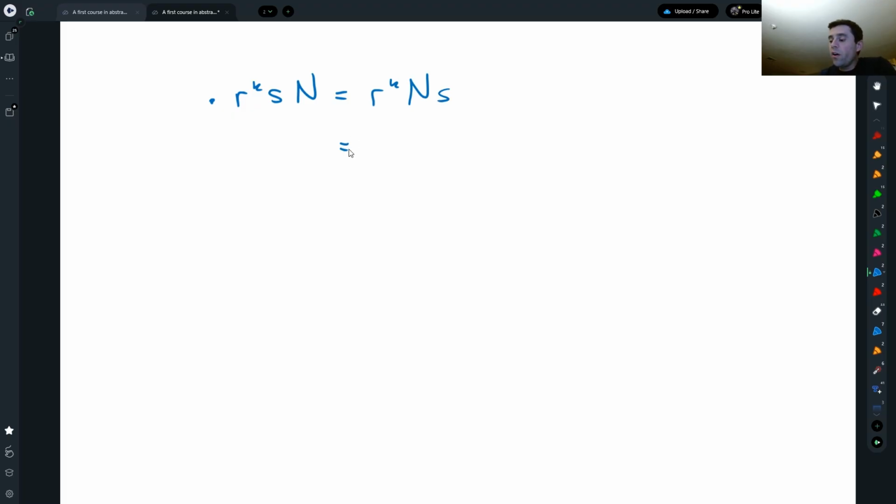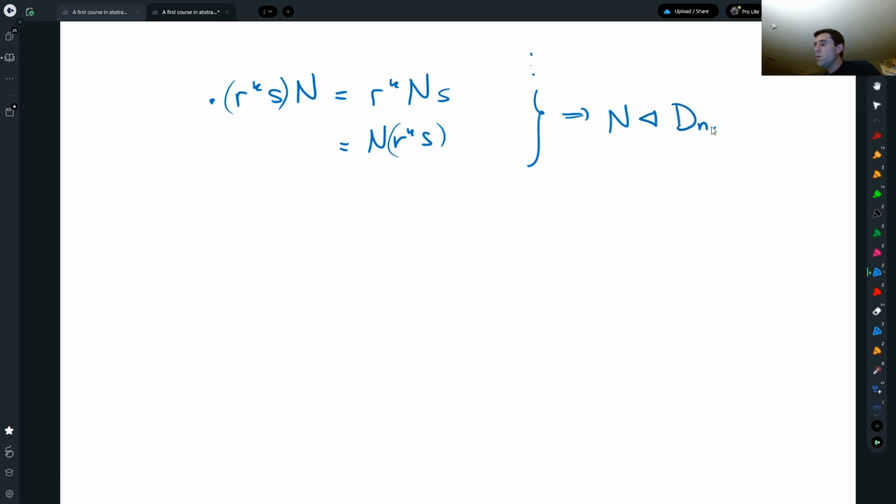We've also seen that r to the k N is N r to the k, and N times r to the k. So now we see that it also works, that the cosets are the same. The left and the right cosets are the same. And therefore, with all the work before, this implies that N is indeed normal in the end.